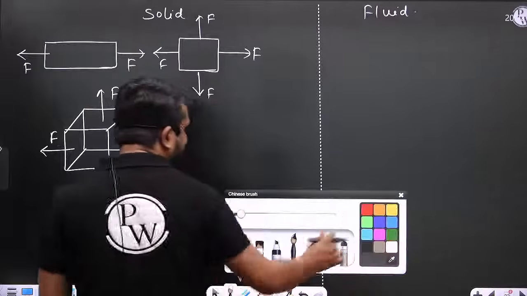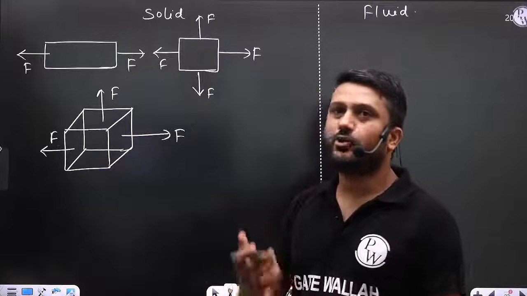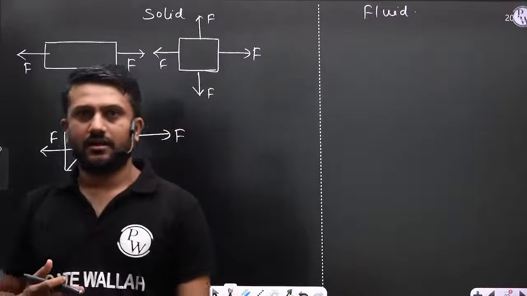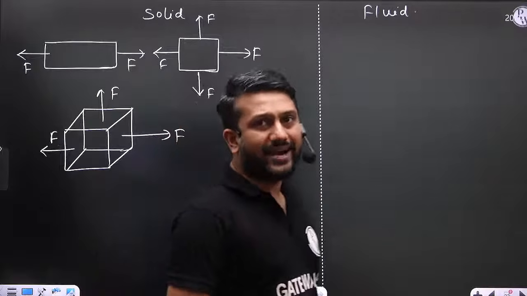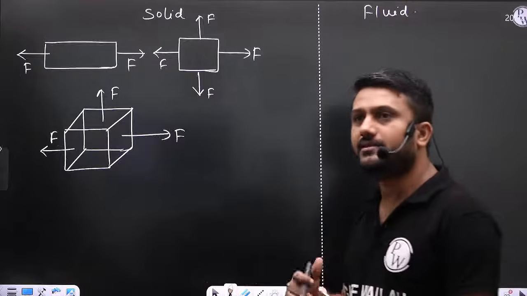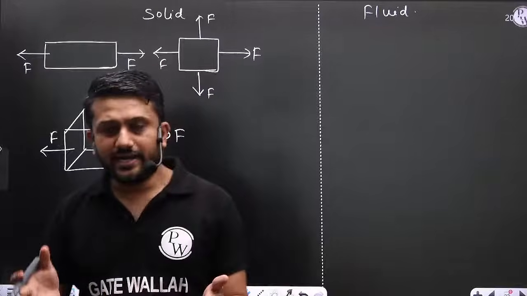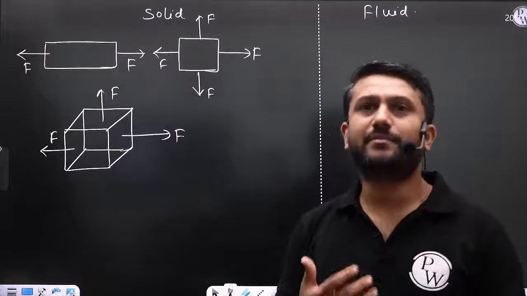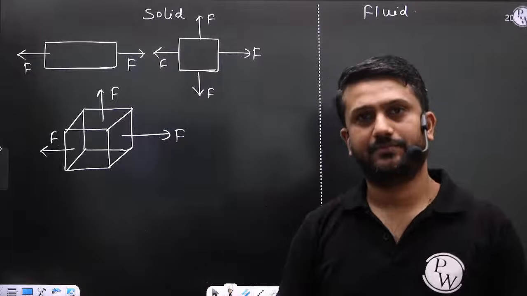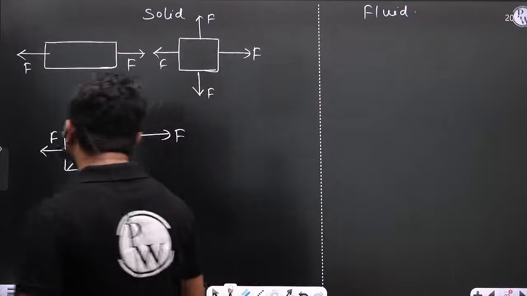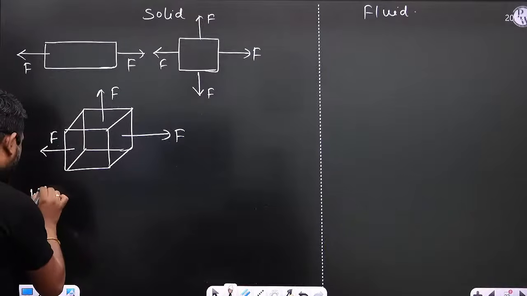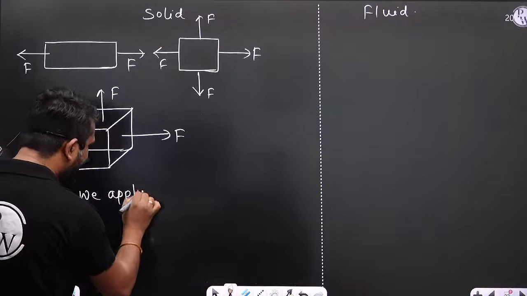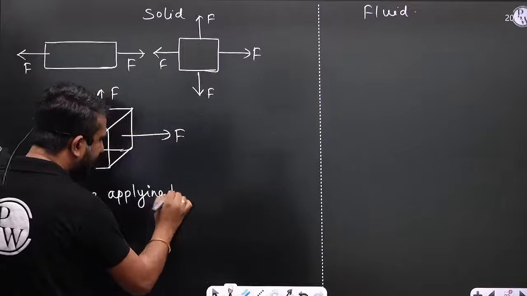So guys, see, if I'm applying the tensile load in solid, that tensile load may be one dimensional, maybe two dimensional, maybe three dimensional. The solid resists that tensile load by showing some definite deformation, right? We know this part.